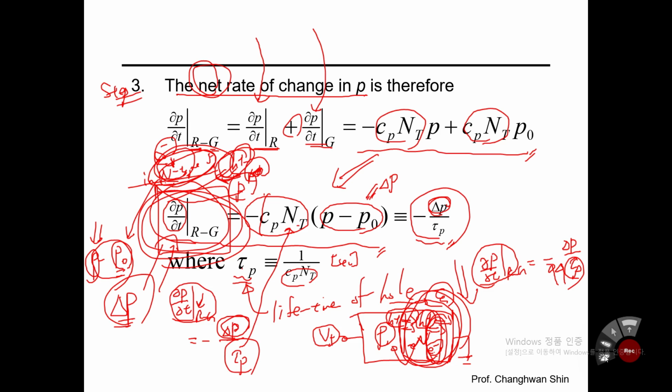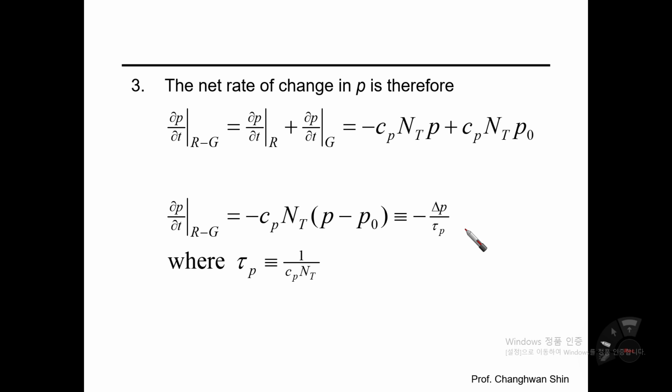So many things are interconnected, hooked up together. The defect density N sub t, or trap density, the lifetime, and how fast the minority carrier concentration can decrease are all associated with the recombination-generation rate and so on.